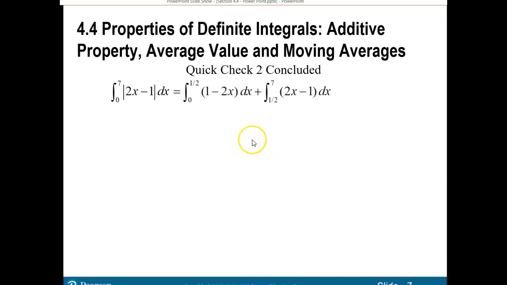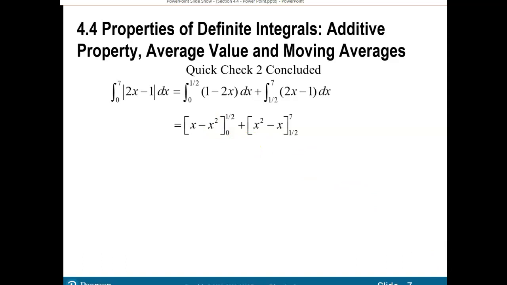All right, so 0 to a half, we use the one that we had written on the bottom. And then from a half to 7 was the one that we had written on the previous slide on the top. So we get x minus, this antiderivative would be x squared over 2, with the 2's it cancels, just giving me the x squared.